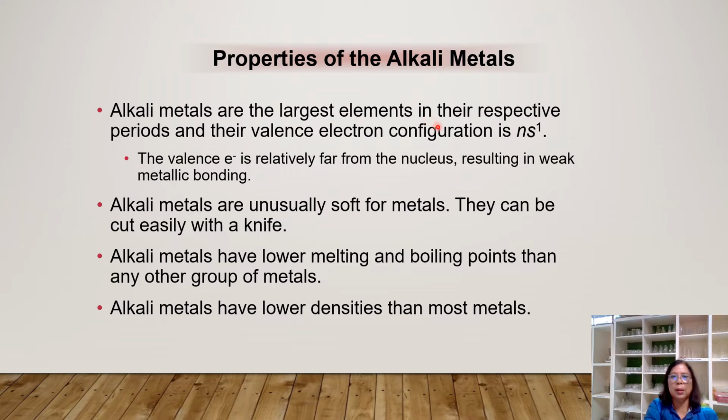Alkali metals have a valence electron configuration of s1, so 1s1 of course for hydrogen, and then 2s1 for the next, lithium. The valence electron is relatively far from the nucleus, resulting in weak metallic bonding, and hence the alkali metals are unusually soft for metals. They can be cut easily with a knife.